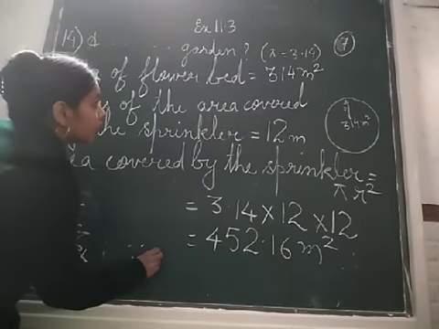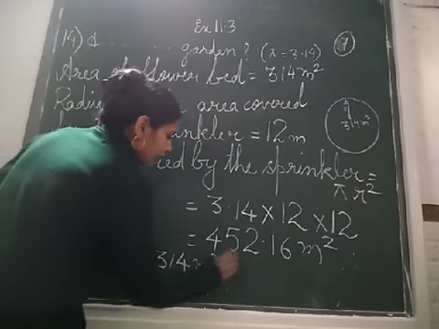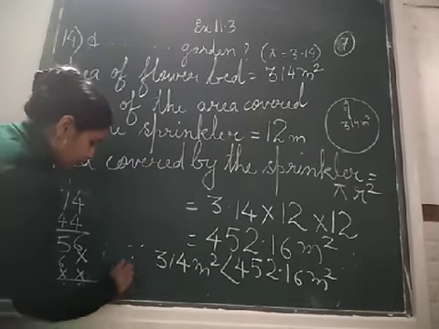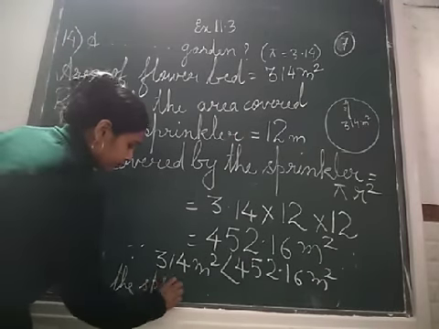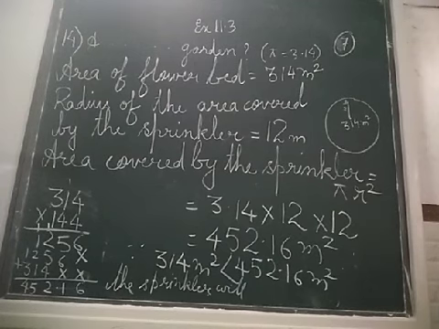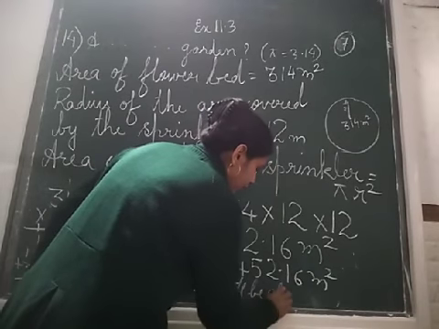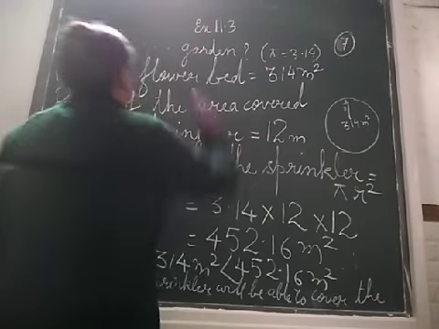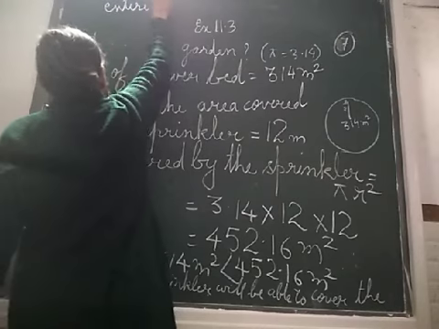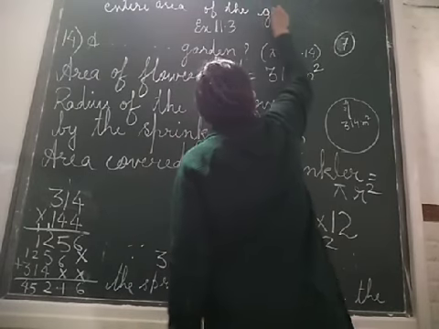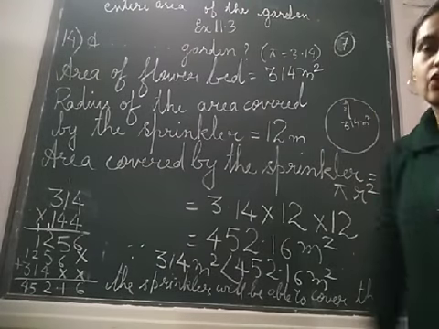Since 314 meters square is smaller than 452.16 meters square, the sprinkler will, let's see the question part, will be able to cover the entire area of the garden. So this is your answer.